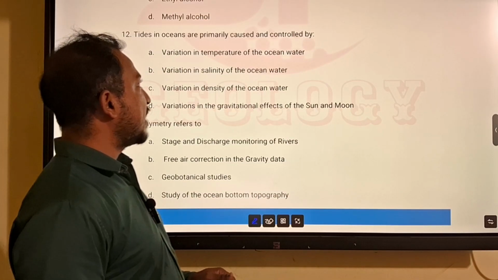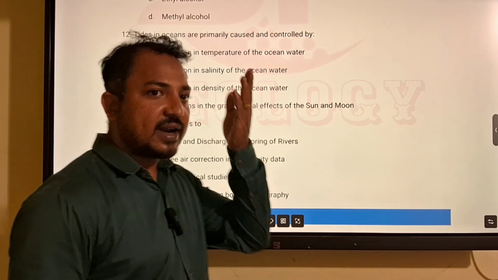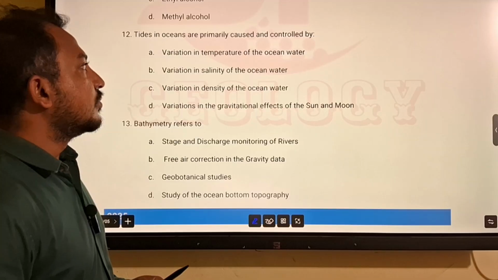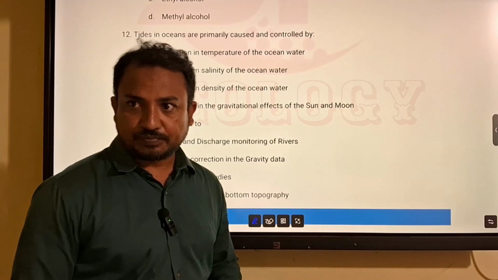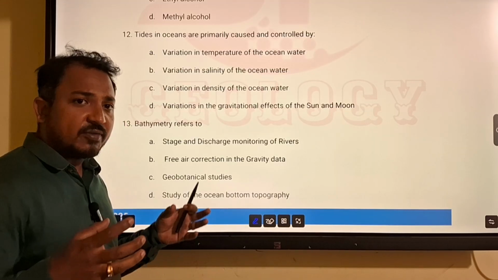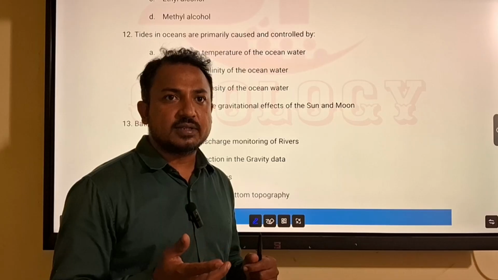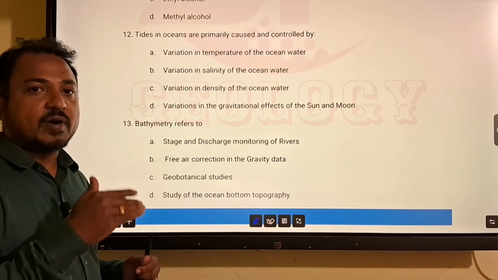Tides in oceans are primarily controlled by. Tides are the rhythmical rise and fall of water level in the ocean. They're primarily caused by the gravitational effect of the sun and moon. Because of the gravitational force of the moon, you will find bulges in the equatorial region, called equatorial bulges. Because of that, the level of the water increases.